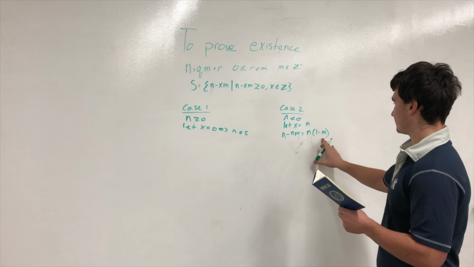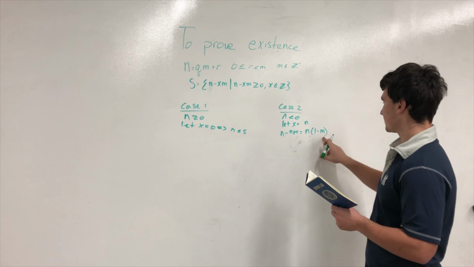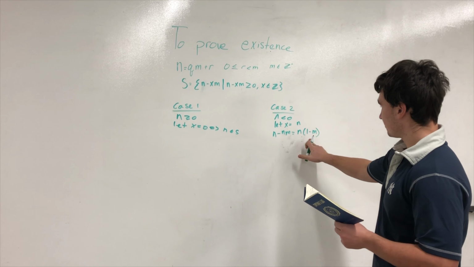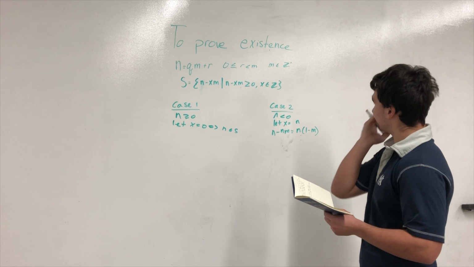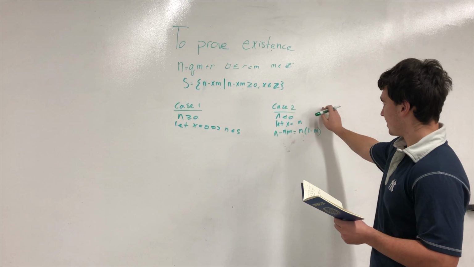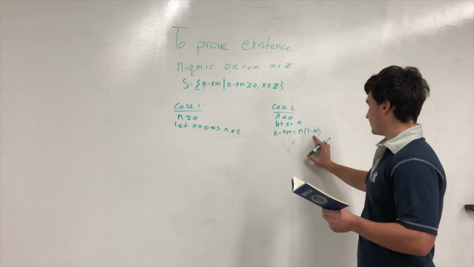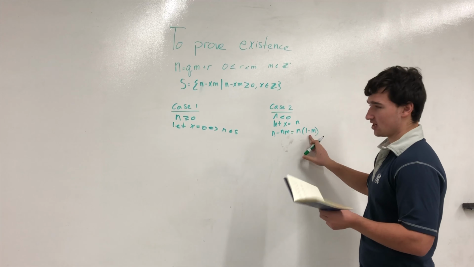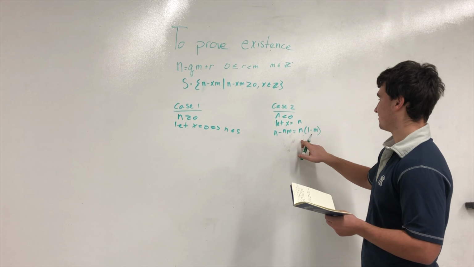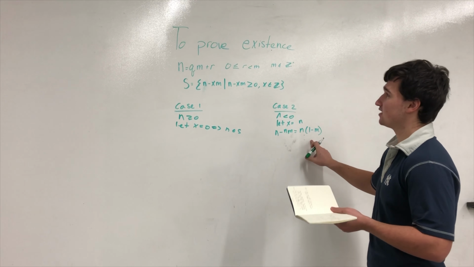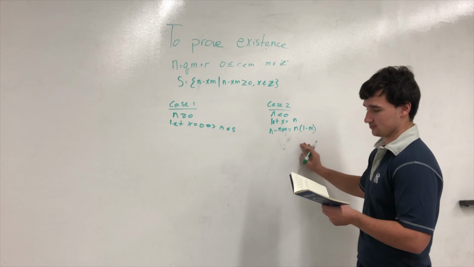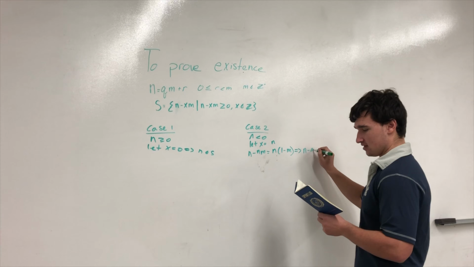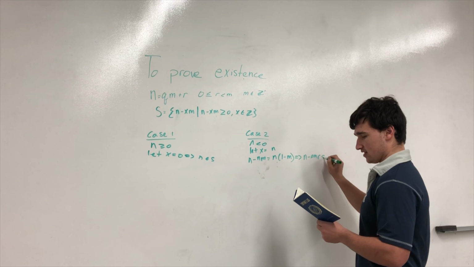And by doing this, we can see that when m is 1, it causes this part of the equation to go to 0, which is what we want to hold the equation true. And then when m is greater than 1, we get a negative number, and that's fine because in this case n is given as a negative number, and a negative number times a negative number is a positive, which is what we want to hold true. And so this implies that n minus nm is an element of S.